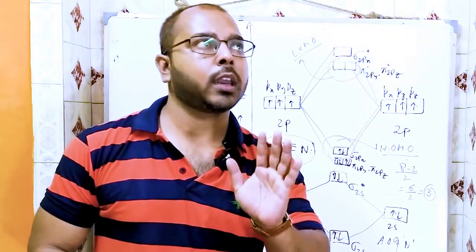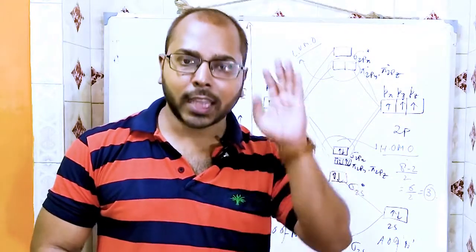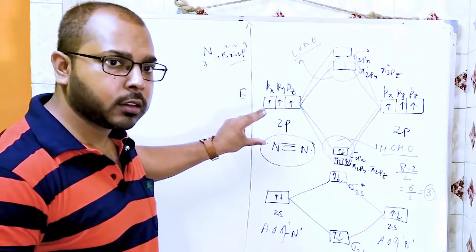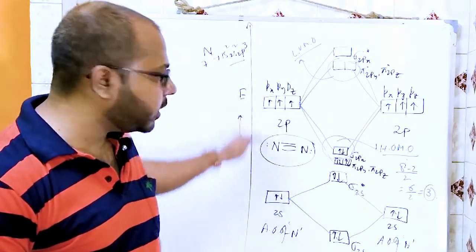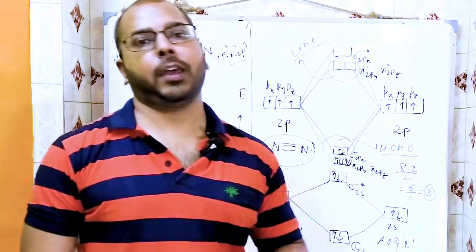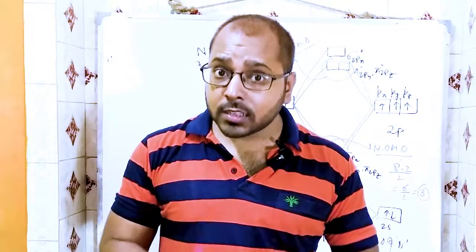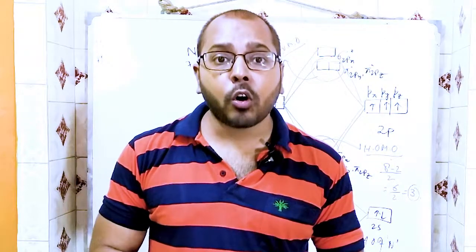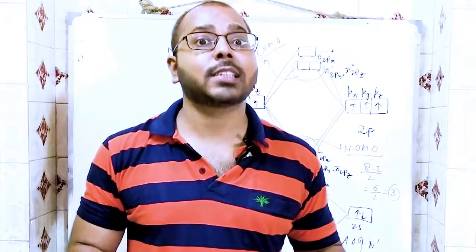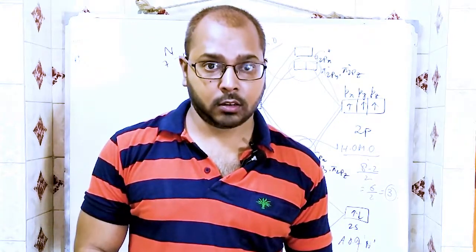N2 you can understand as an abnormal case, like C2 and Be2, which do not match our conception due to this sp mixing and short distance. Clear? And paramagnetic, diamagnetic, you can easily say now. In this video I have discussed homonuclear diatomic molecules, where both atoms are the same, both nitrogen or both oxygen.